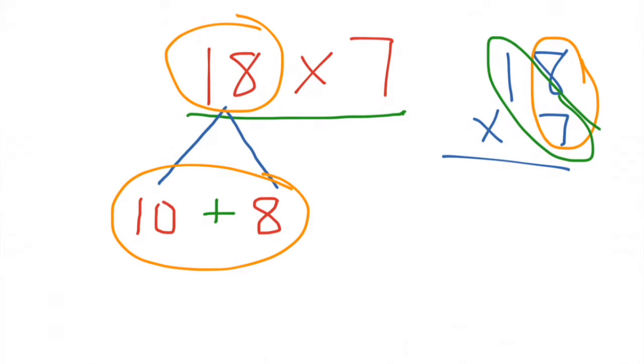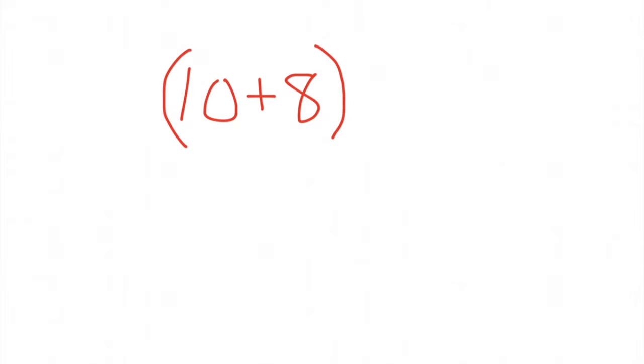So what you're going to do then is take each of these numbers and multiply them both by the other number, which in this case was 7. I'm going to rewrite that on another page. So we have 10 plus 8, which is 18, and I'm going to put it in parentheses just to show that those two numbers are grouped together to make 18.